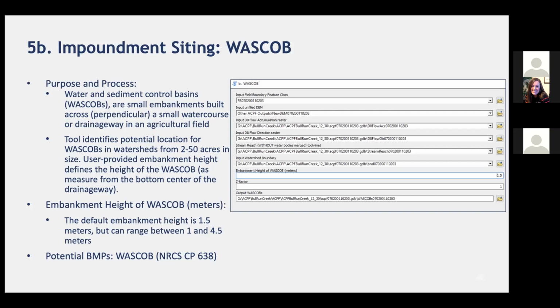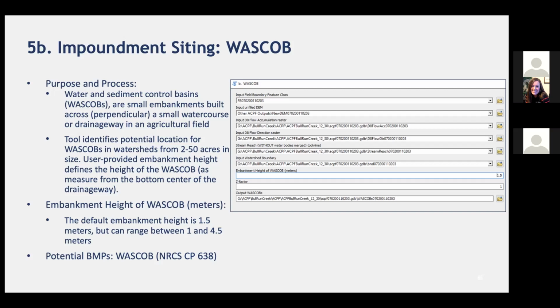The user is going to provide the embankment height. So you're going to define the height of that WASCOB embankment as the measure from the bottom center of a drainage way or flow path. The default embankment you can see is 1.5 meters, but it can range from 1 to 4.5 meters.